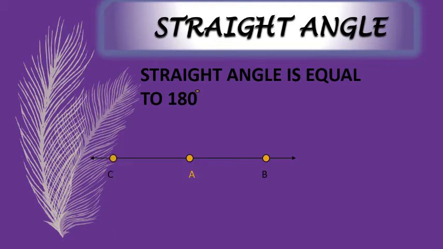You can see this is a straight line, and it takes a turn from AB to AC like this, and this angle is equal to 180 degree. You can name it angle BAC equals 180 degree.